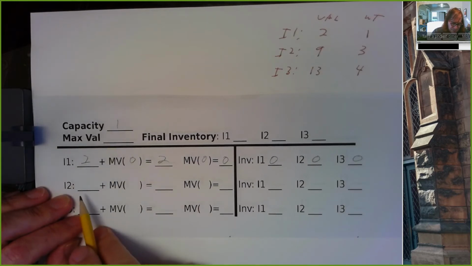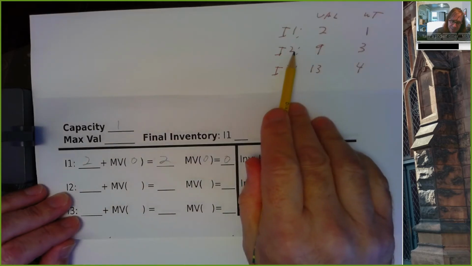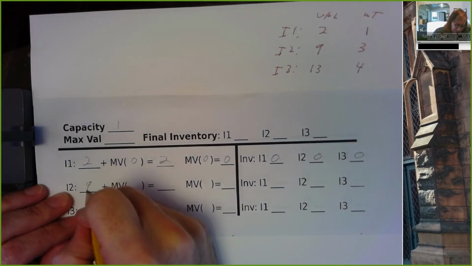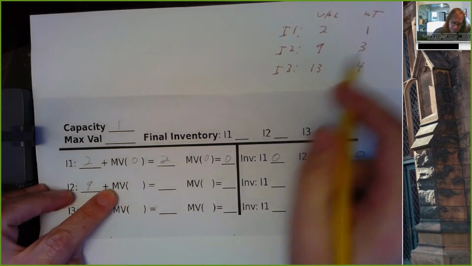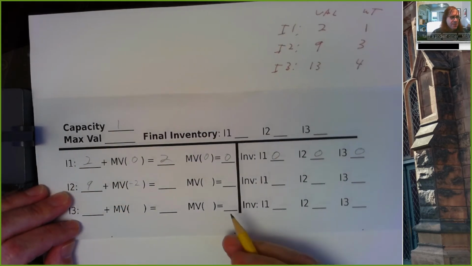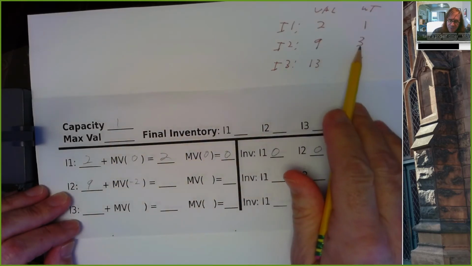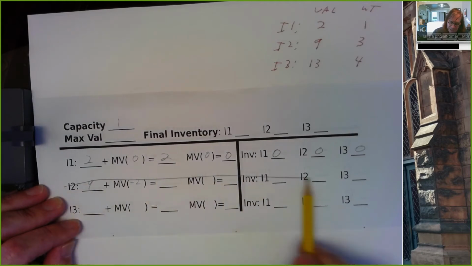Okay, now capacity is 1. We could also say that if we start off by putting in item 2, we would get a value of 9 plus the maximum value of 1 minus the weight of that, which is minus 2. Well, that's not a valid calculation, right? Our capacity is 1 and item 2 weighs more than that, so we're not allowed to calculate what we get by putting in item 2.